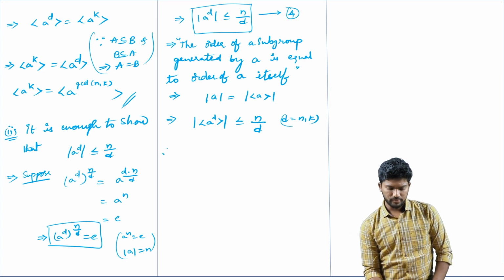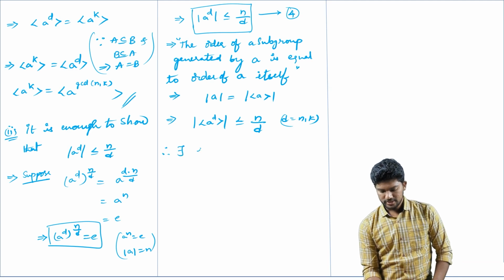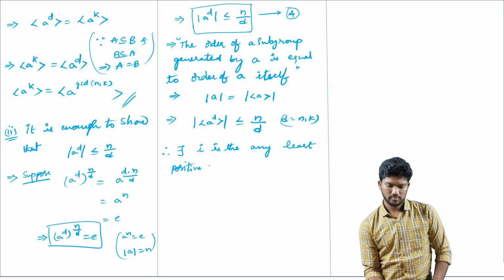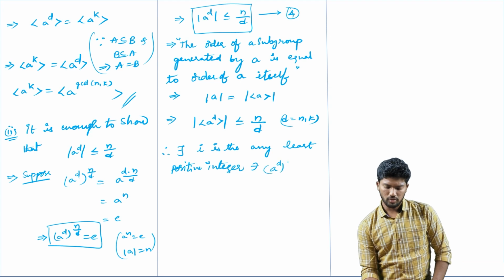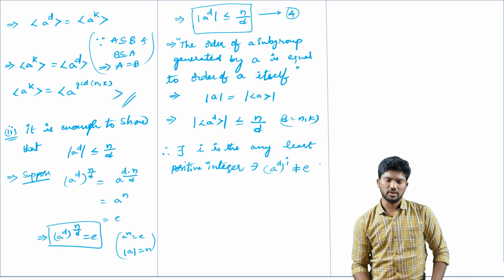So therefore there exists i, the least positive integer, such that a power d whole power i is not equal to e.